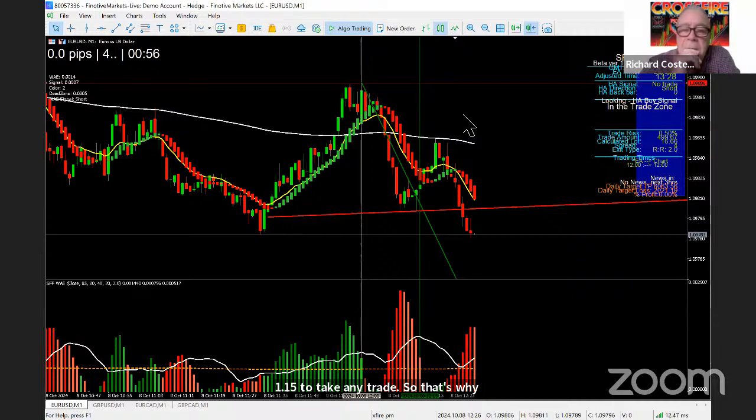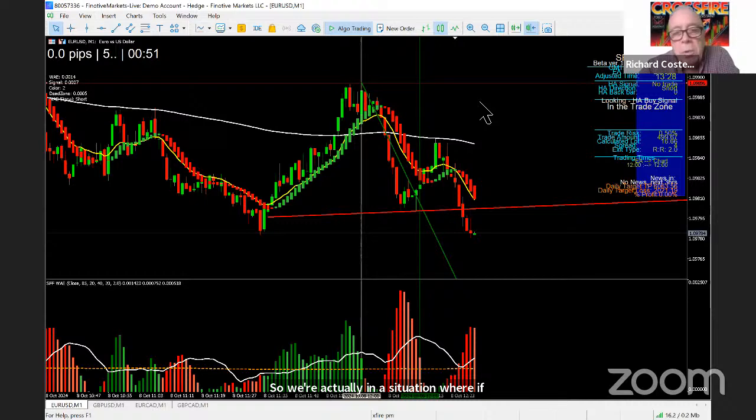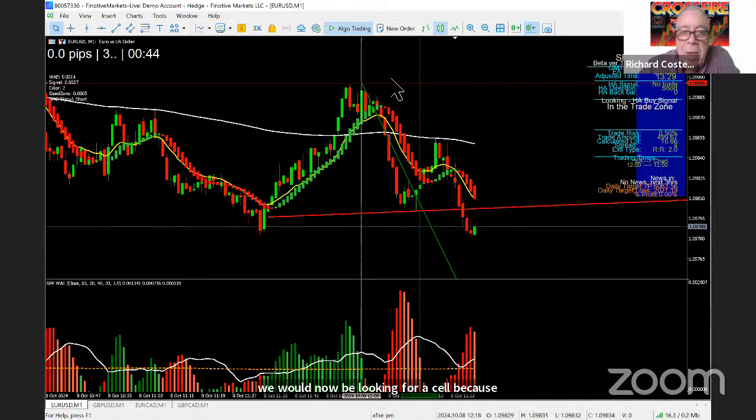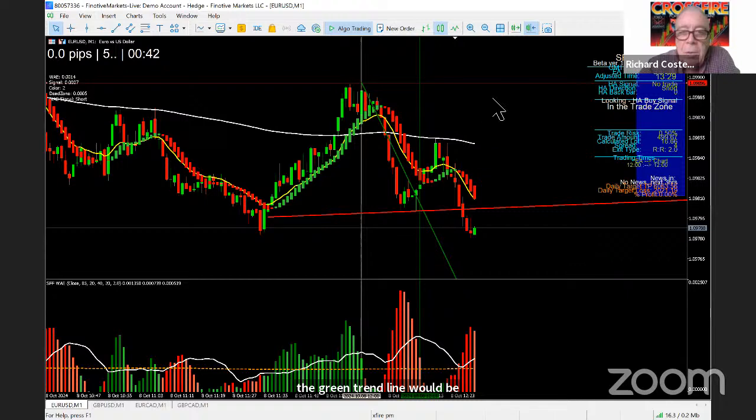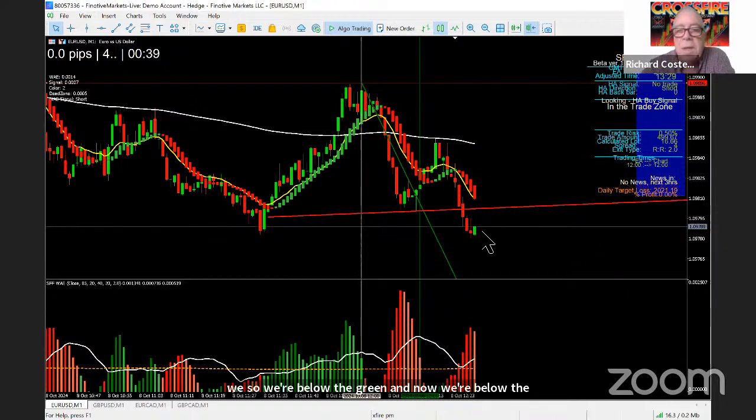We're actually in a situation where, if the trend lines were drawn correctly, we would now be looking for a sell, because the green trend line would be in that area there. So we're below the green, and now we're below the red. So we should be looking for a sell.